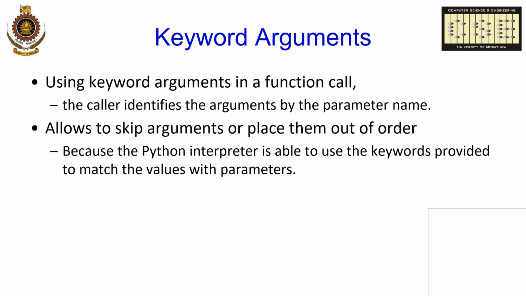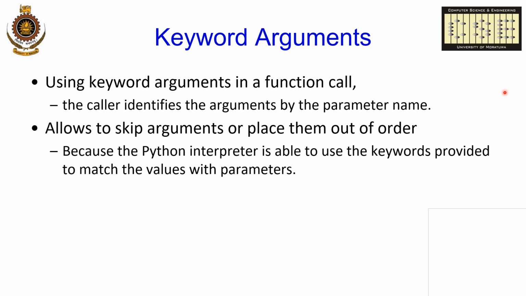The second type of arguments we are looking at is keyword arguments. When you call a function with keyword arguments, we specify what argument we are passing with a keyword. This keyword is the same keyword that's used in the function definition for a particular argument.